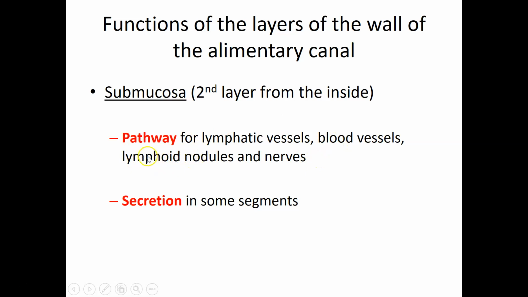These are protective immune cells, basically, packets of them. Submucosa also has some glands that do secretion, for example, for mucus and other substances. It's not as active in secretion as the mucosal layer, but it does play a role in that function.